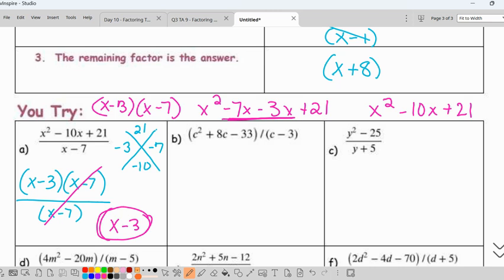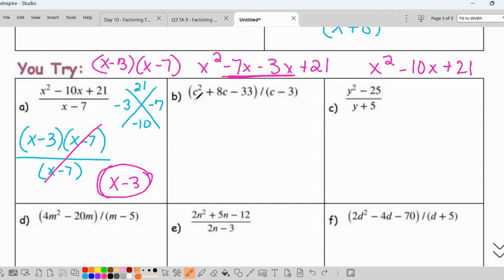Letter B looks a little different. It's just written out as a trinomial divided by a binomial. So if you want to, you can rewrite it to look like a fraction, like we've been seeing on our other examples. I'm going to take a look at my X box. I'm going to put negative 33 in the top and 8 in the bottom.